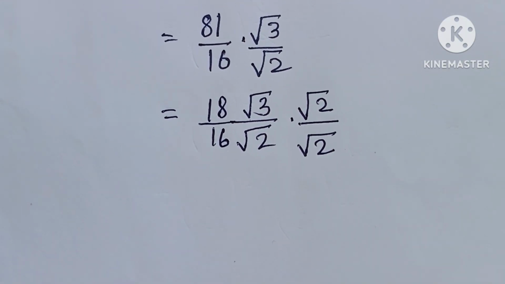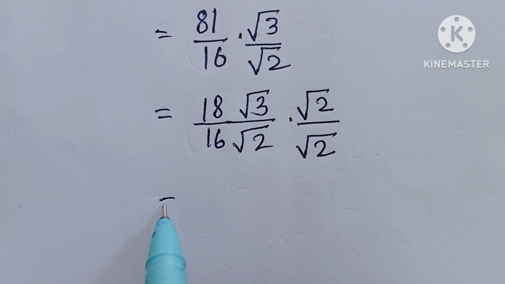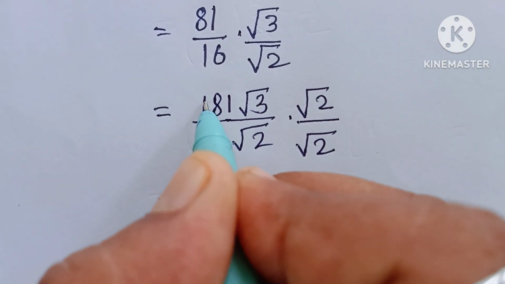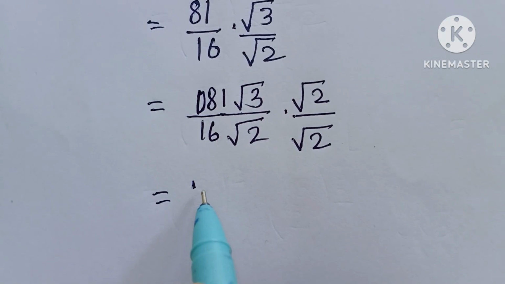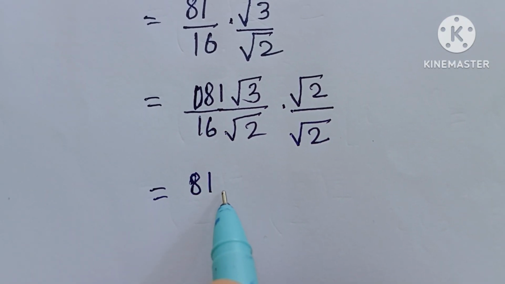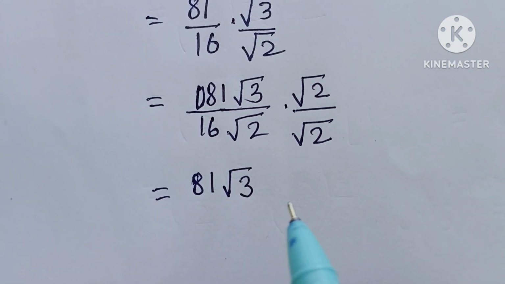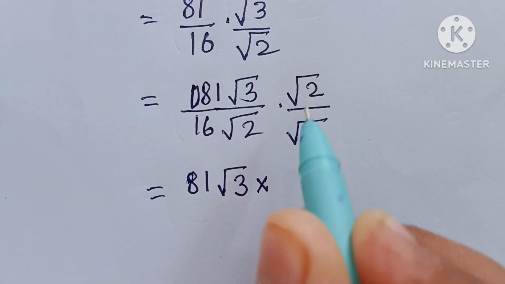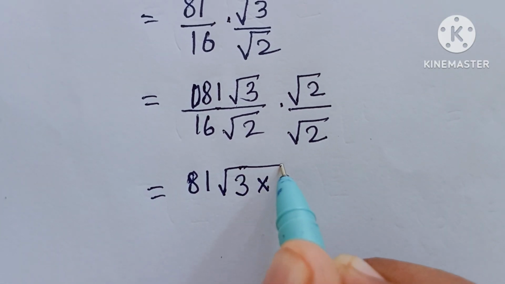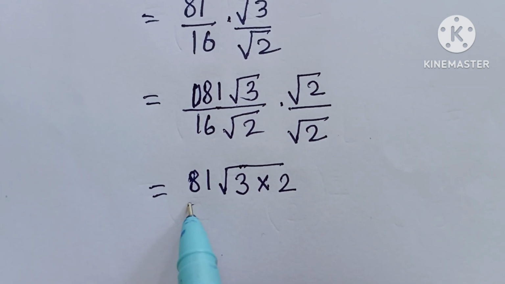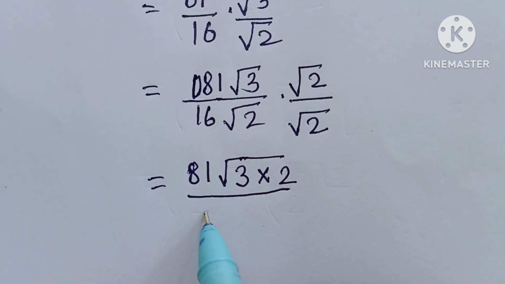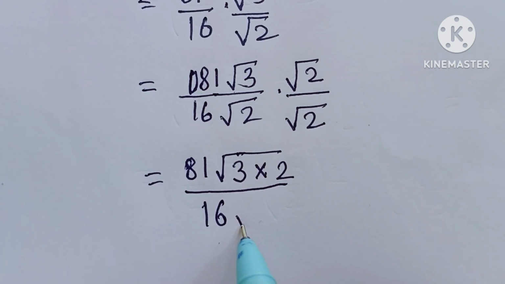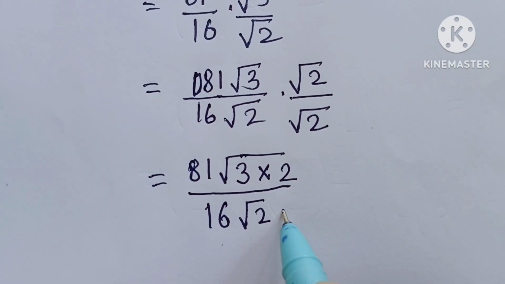Now here 81, not 18, 81, here 81 root 3 into root 3, with this root to come in this root sign, then we can write here 16 into root 2 into root 2.